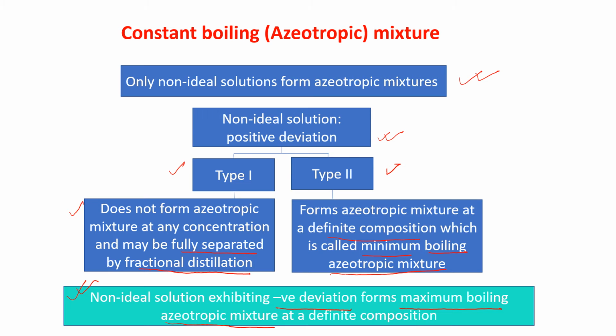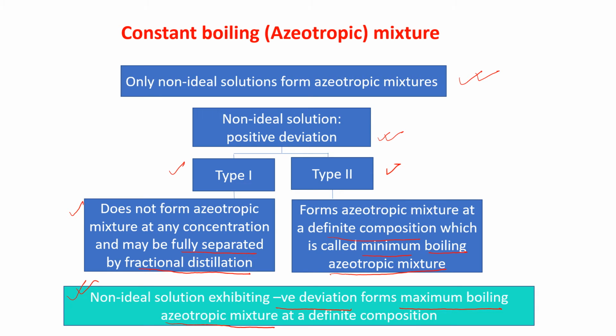So what are we getting? Positive deviation has two types, type 1 and type 2. Type 1 will not show any azeotropic mixture. They can be separated by fractional distillation.